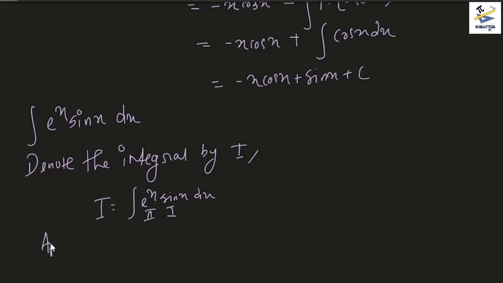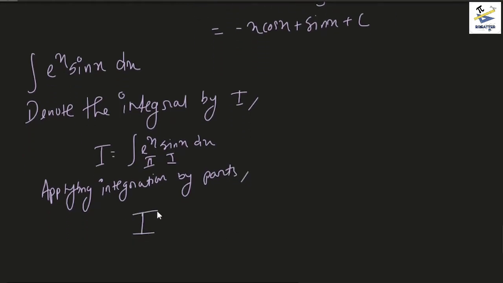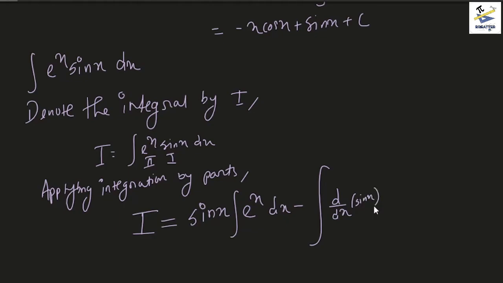So applying IBP, or integration by parts, what we have is this: I is equal to sin x into the integral of e to the power x dx minus the integral of d/dx of sin x into the integral of e to the power x dx, right?